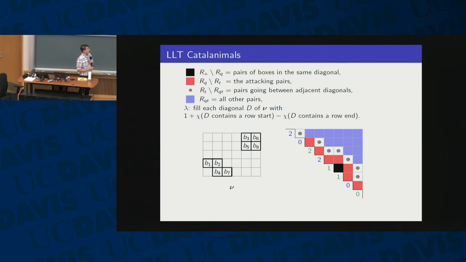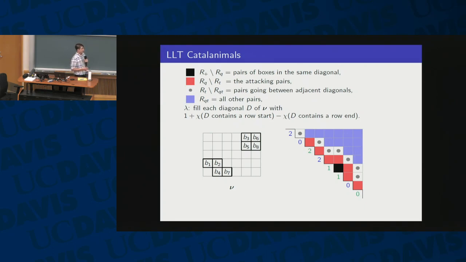Here I have the same thing, I just copied it over. So the first thing is the difference between the full root ideal and the Q, and that comes from boxes that are in the same shape on the same diagonal. So in this example, only B5 and B6 are on the same diagonal sharing the same shape. So you get a black box here that indicates that that root is not in the RQ ideal.